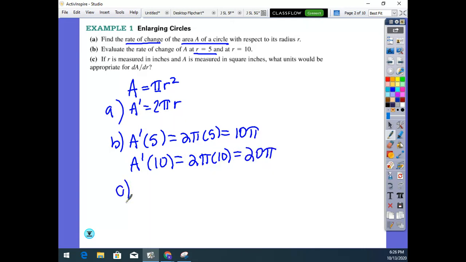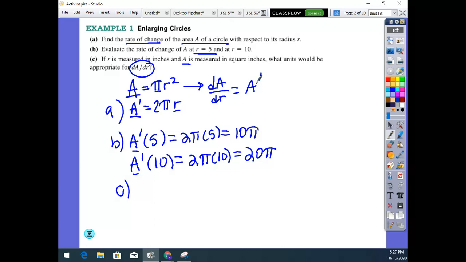Letter C, if r is measured in inches and A is measured in square inches, what would be appropriate for dA/dr? Now, notice I just wrote A prime each time. I could also write the derivative of A with respect to r. That's the same thing as A prime. Do you remember when I said there are times when this would be helpful?